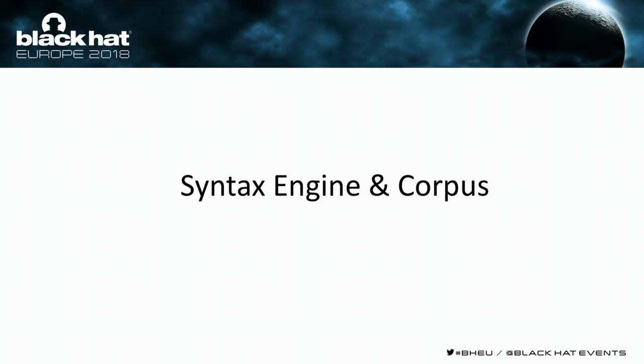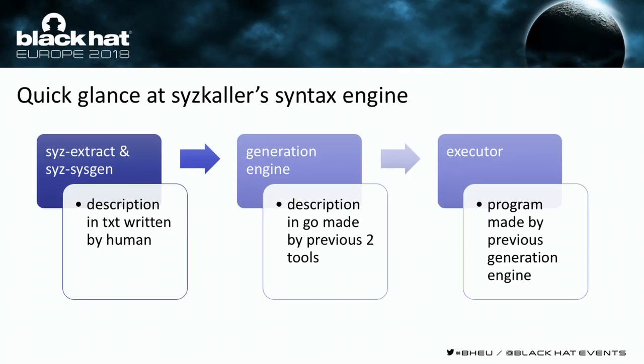Okay, let's see the first part, the syntax engine and the corpus. I reused this part from syzkaller, so I didn't modify anything. Just a quick glance. Firstly, you need to write the API patterns in TXT files, and call sysextract and sysgen to generate the Go files based on the API patterns.